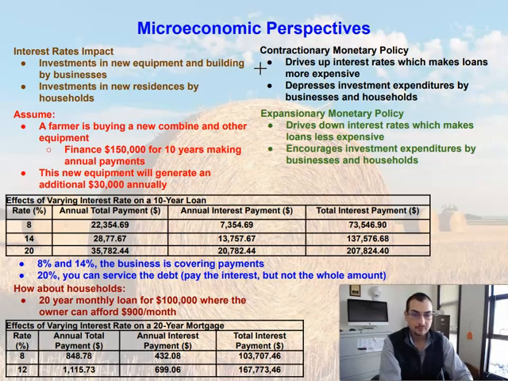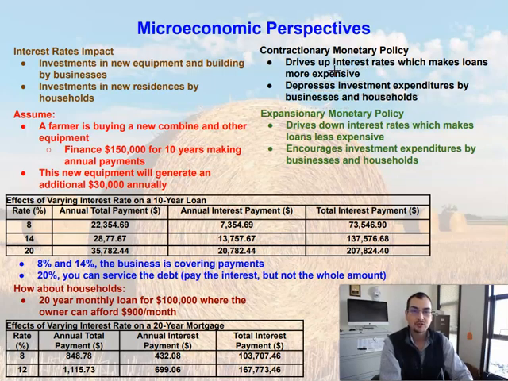So let's dive into the contractionary monetary policy. Remember, this is when we are going to try and get rid of an inflationary gap. So if we're trying to get rid of the inflationary gap, we're trying to drive up interest rates, making loans more expensive. If the loans are more expensive, investment expenditures by both businesses and households go down, they decrease, which makes sense.